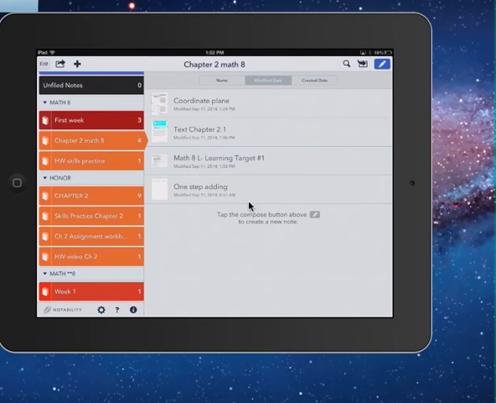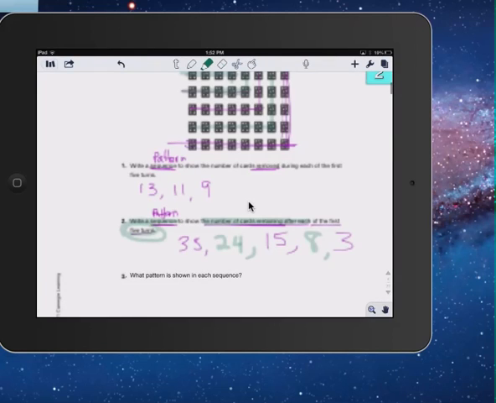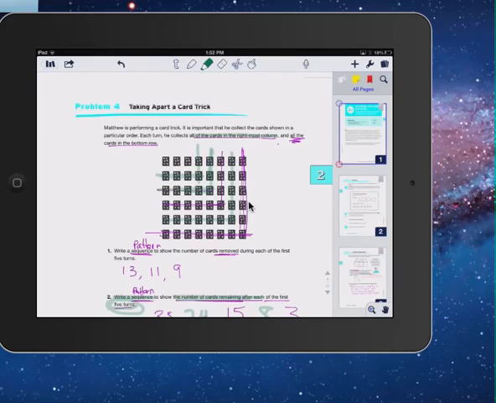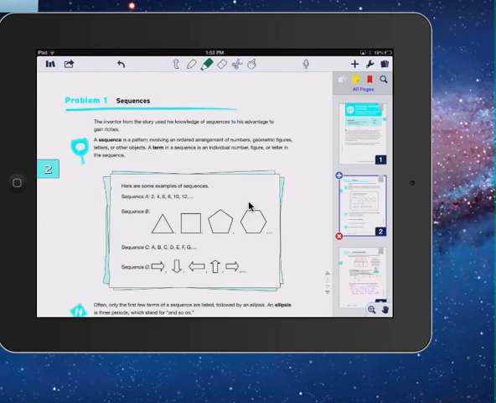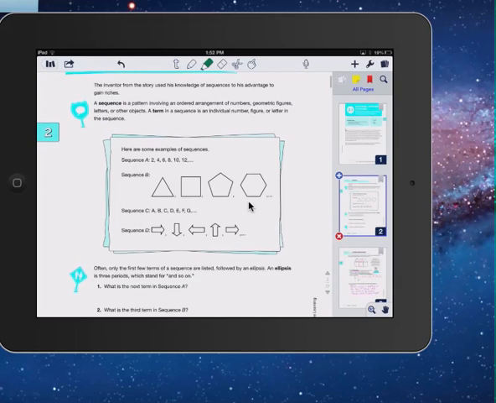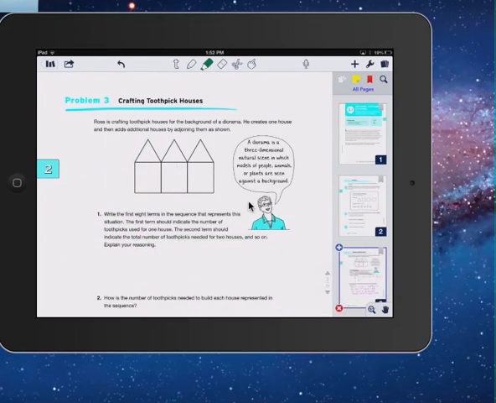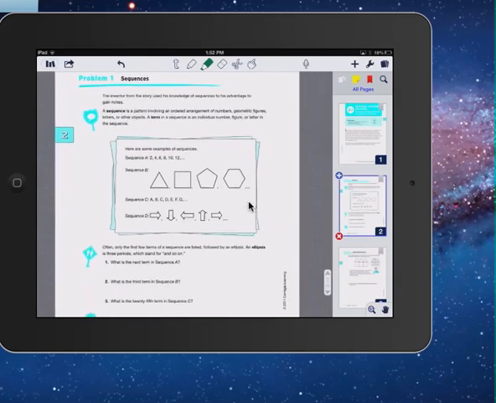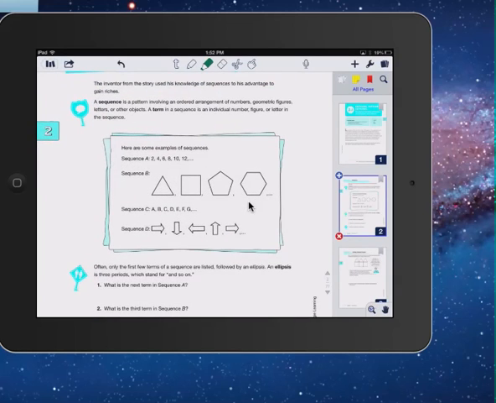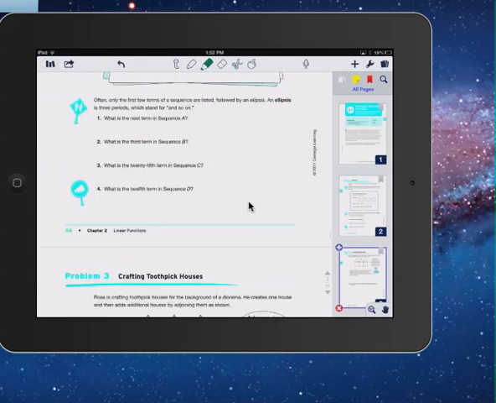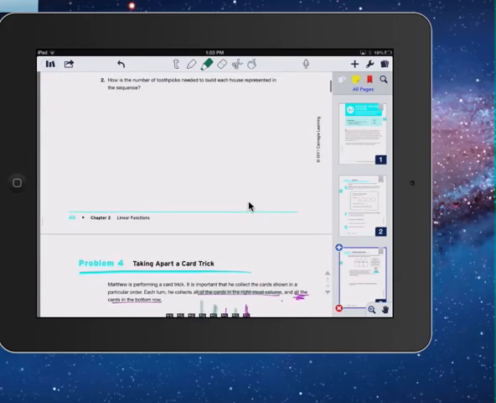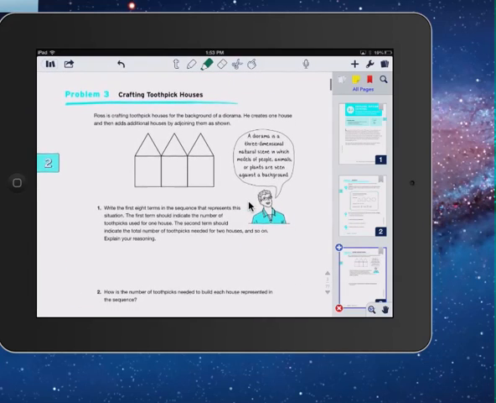Now, I need you to look at this paper from Friday. We did this on Friday, right? Did we not? I want you to turn to this page here, problem page 46.